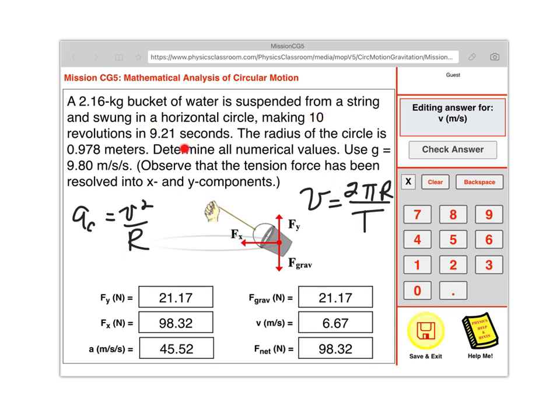That's 10 rotations, so the t is going to be 0.921 seconds. That should give you that for a velocity. You can check my numbers. If we square that and divide by r, we should get that. And then if we multiply that times the mass, we should get that.